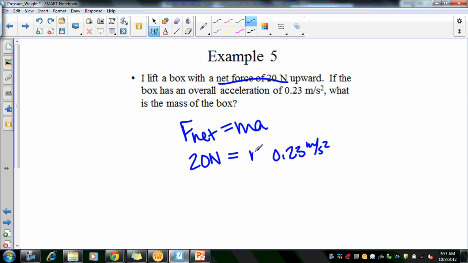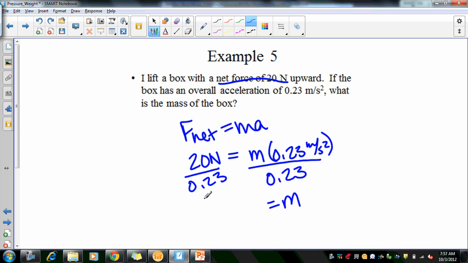And so we're looking for the mass. So we're still going to divide. And so our mass will be 86.96. And remember, the unit for mass is kilograms. Kiss my mass, kilograms.